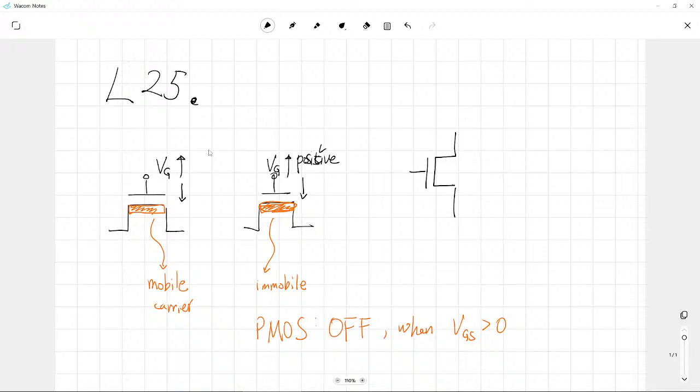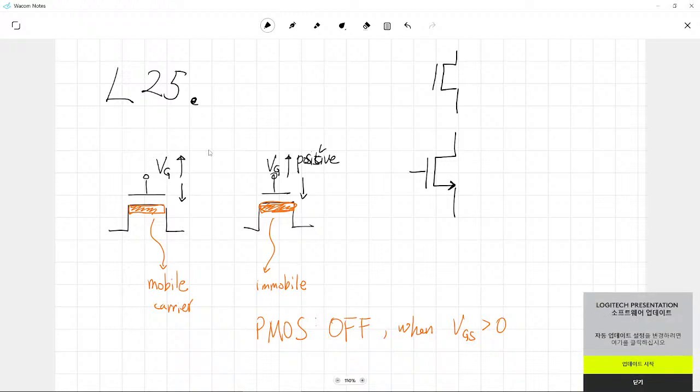So people introduce an arrow to recognize its polarity. You have seen it quite many times before. Let's introduce another transistor called the PMOSFET. Please note that the arrow is attached to this part of the MOSFET.